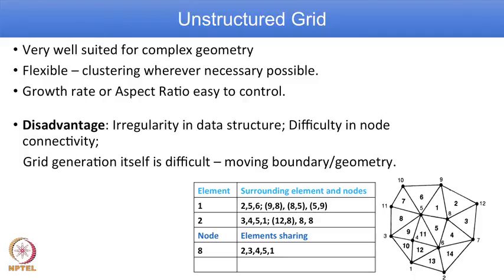Now, when it comes to moving boundaries, that is, a problem where the geometry is moving, for example an elastic material, a balloon moving, or flow induced vibration, this is another example problem. In such cases, generating the grid and proving that the generated grid is good at every instant of time requires enormous computational time, and there is a difficulty before going into the solution.